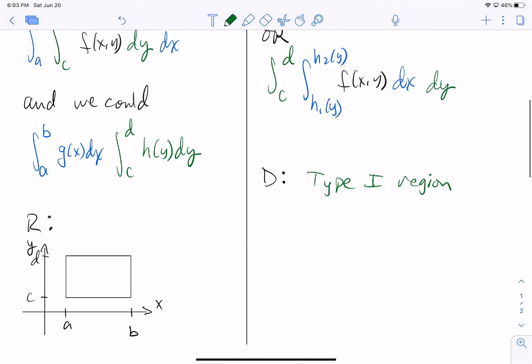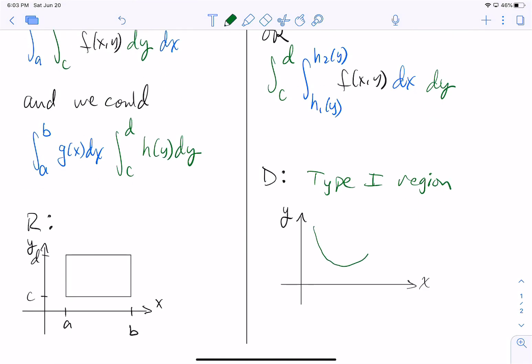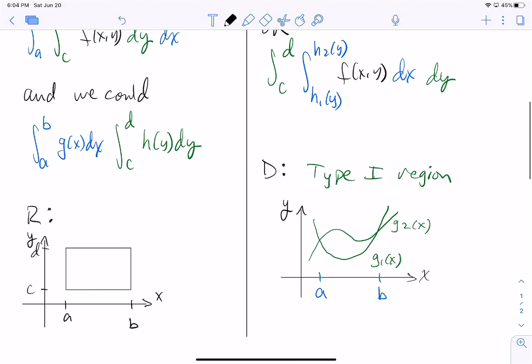Let's see what that looks like. Let's just consider two functions. We'll call this lower one g1 of x, and then an upper function here, g2 of x. And in this case, x goes from a to b. The type 2 region is the one that we can express using the order of integration dx dy, where x has variable limits from h1 of y to h2 of y.